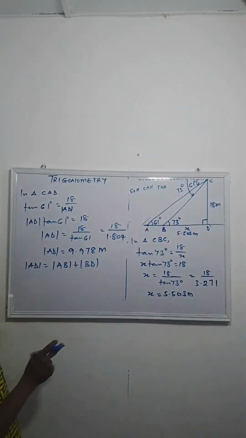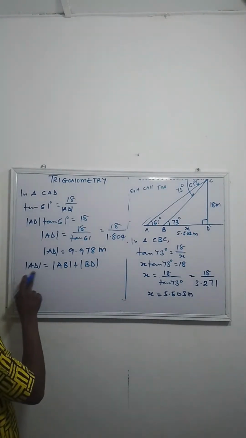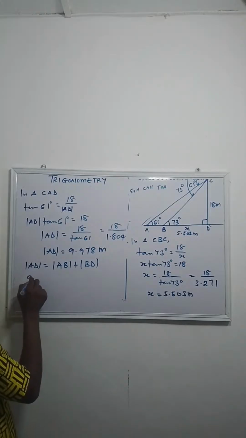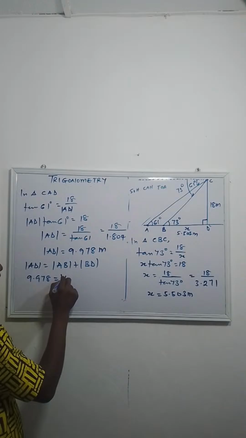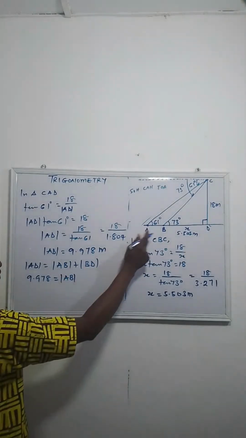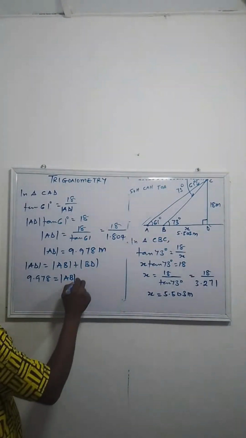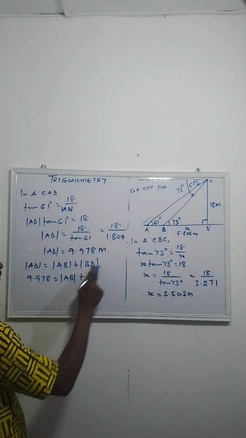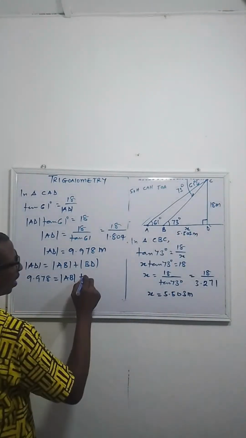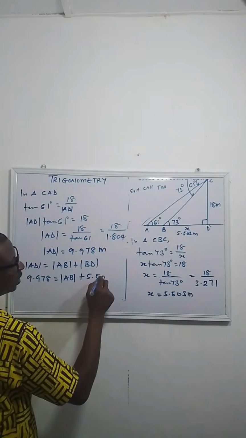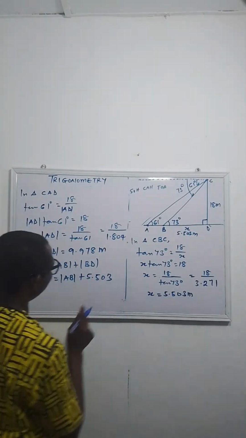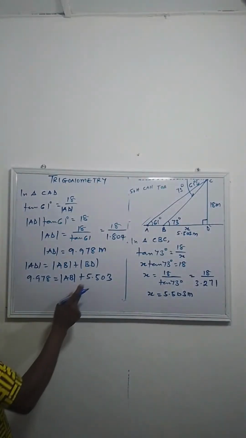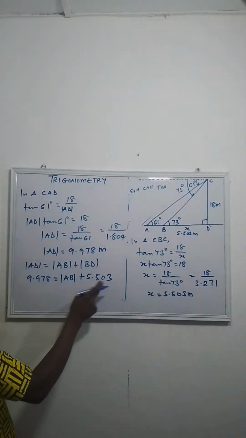Now AD has been gotten as 9.978 equals AD, that is what we are looking for, the distance between the two canoes, plus BD. BD is 5.503. So now we subtract 5.503 from both sides.